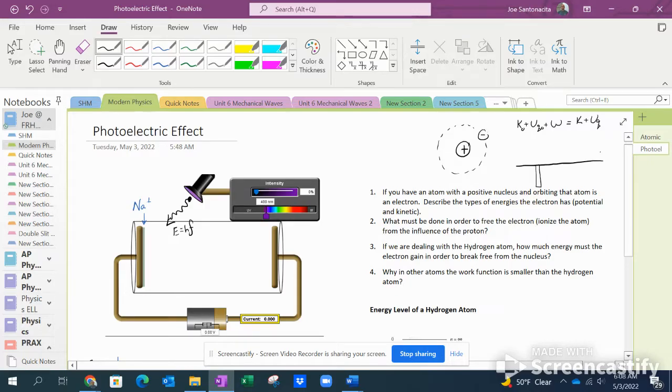We have to add enough energy to the electron to bring it essentially an infinite distance away, which means your electrical potential energy will drop to zero, or something really small. That means enough work has to be added so that the electron can get an infinite distance away. Now, what we're going to talk about is the photoelectric effect.